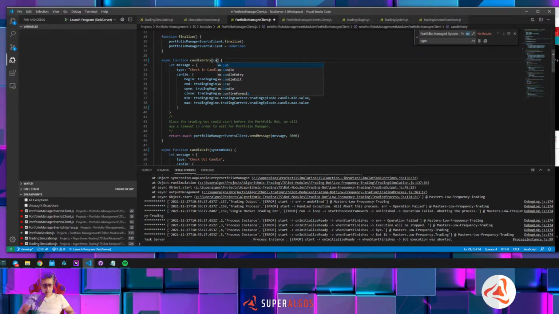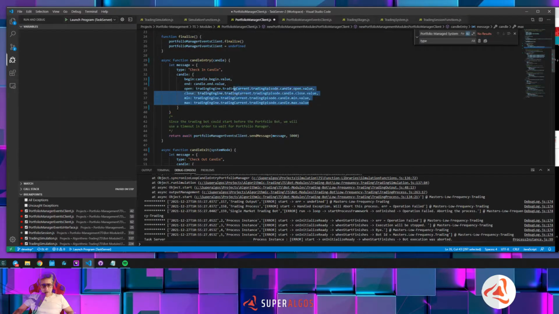So here I will say there is a candle, and from that candle I will send only the information that is actually needed, which is the begin and end.